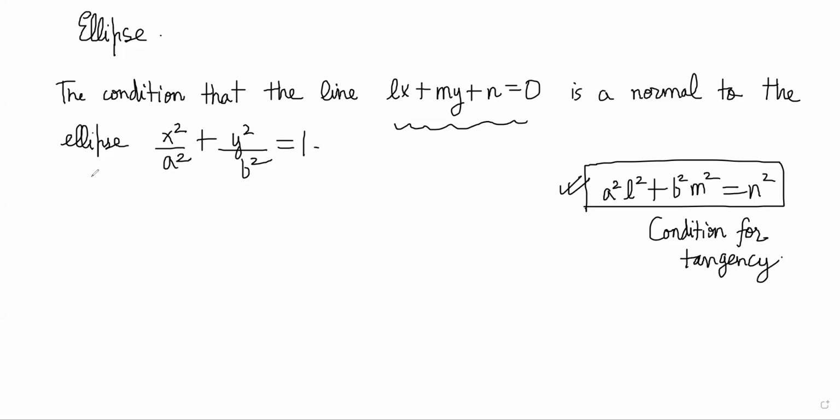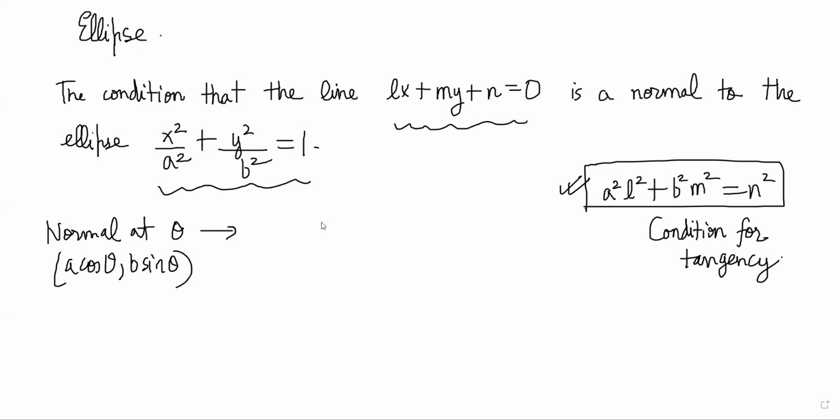Right? So if the given ellipse is this, we have seen before that the normal at the parametric point theta, which is a cos theta comma b sin theta, can be given by the equation ax by cos theta minus by by sin theta is equal to a square minus b square, right?